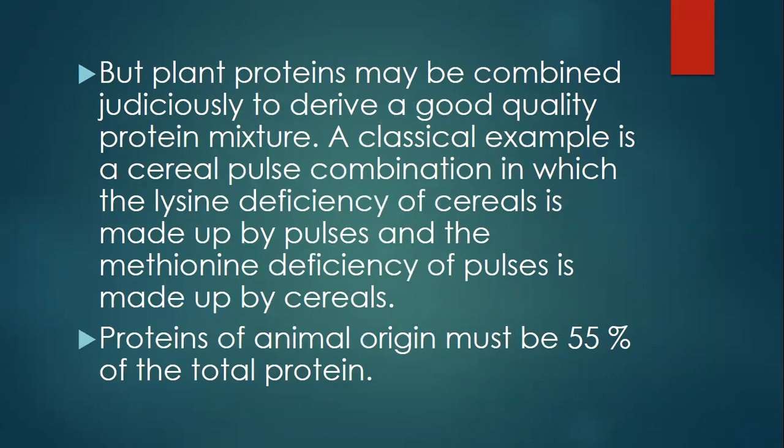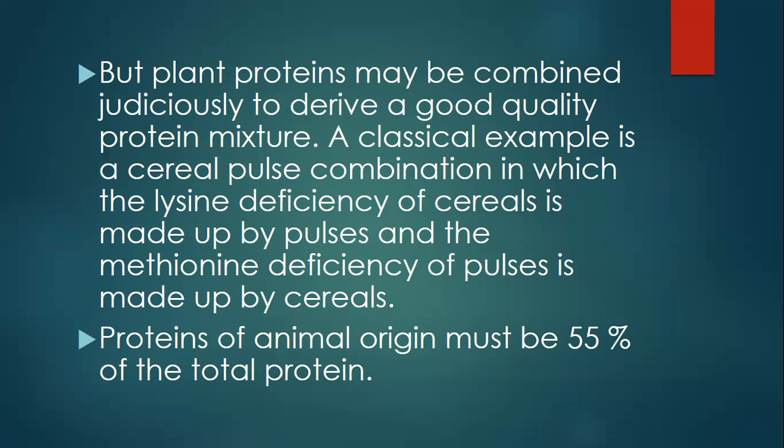But plant proteins may be combined judiciously to derive a good quality protein mixture. A classical example is a cereal pulse combination in which the lysine deficiency of cereals is made up by pulses and the methionine deficiency of pulses is made up by cereals.